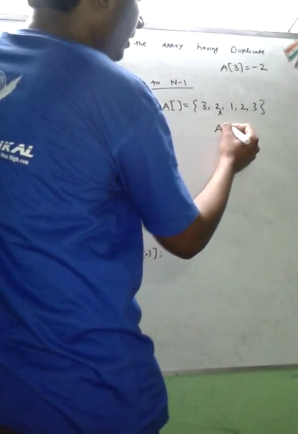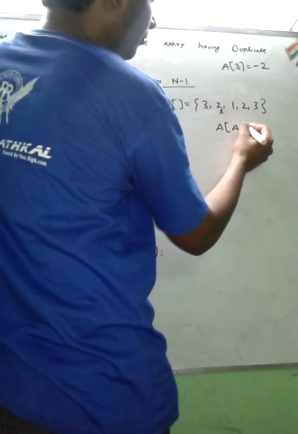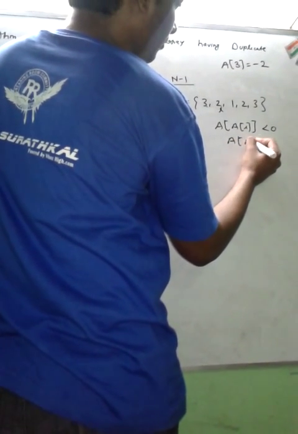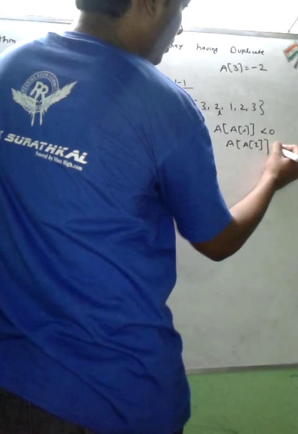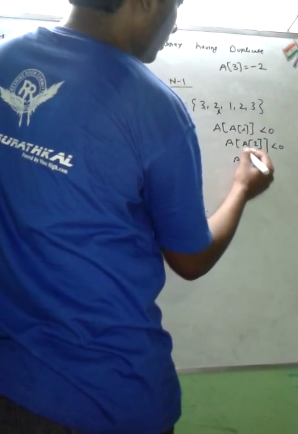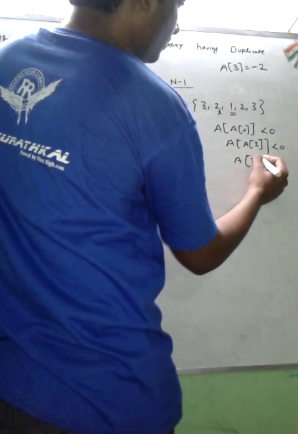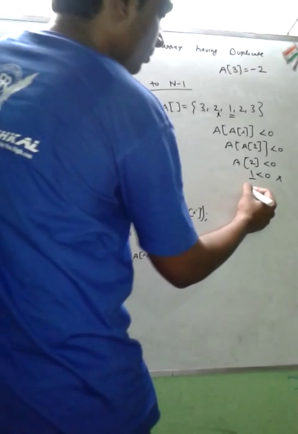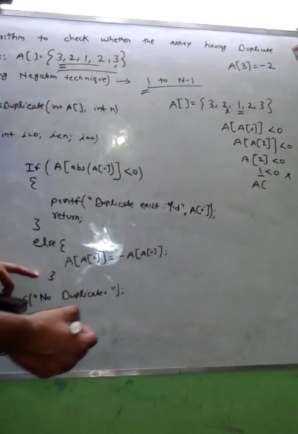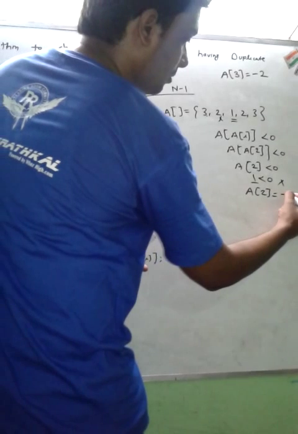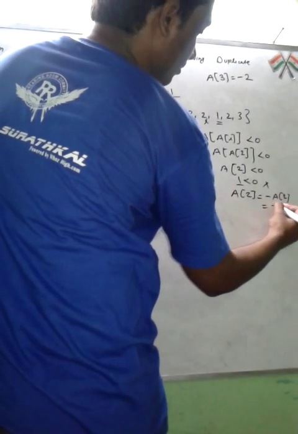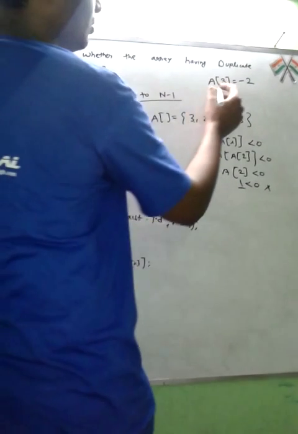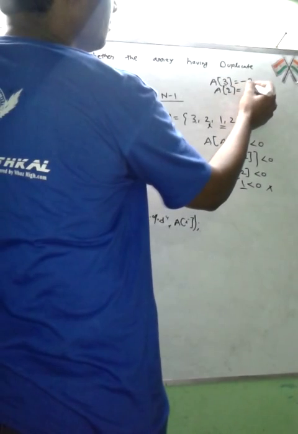Yeah, a[a[i]] less than 0, that means a[2] at the position of 2, less than 0, means 1, this is wrong, so we will go into the else part. So a[2] equal to minus a[2] means minus 1, so a[2] is minus 1.